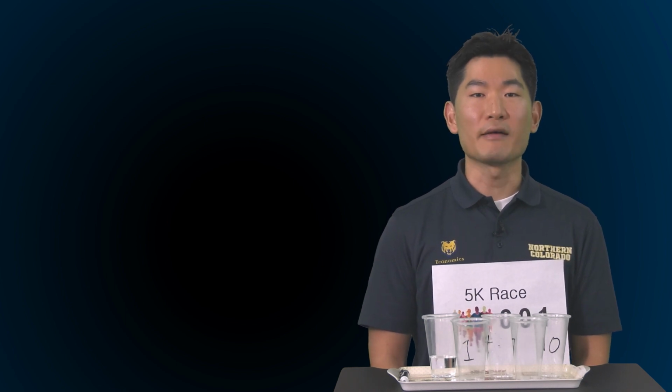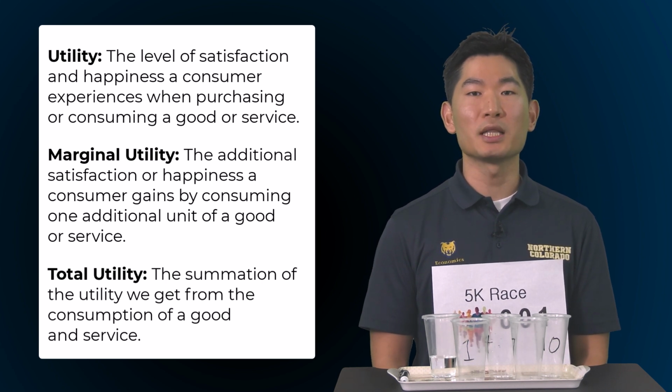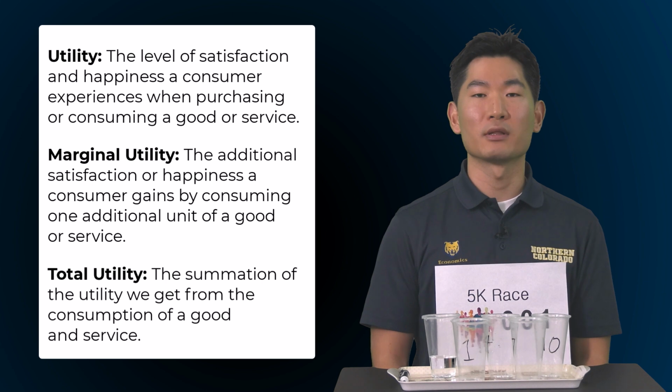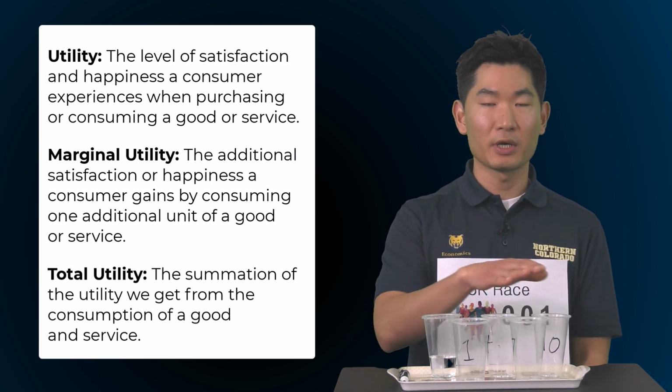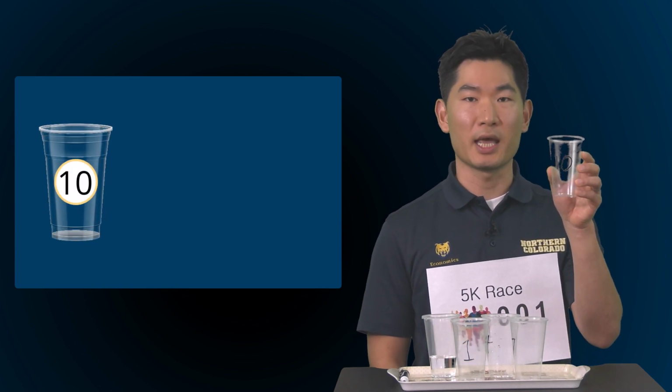And let's move on to total utility, which will help us understand the concept of utility and marginal utility. The definition of total utility is the summation of the utility that we get from the consumption of a good and service. Here, we are going to add up the level of marginal utility as we consume the first 4 and 5 cups of water. Do you remember the utility that I got from the first cup of water, which is 10?